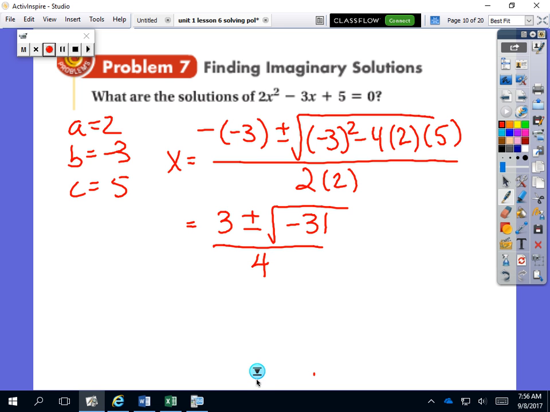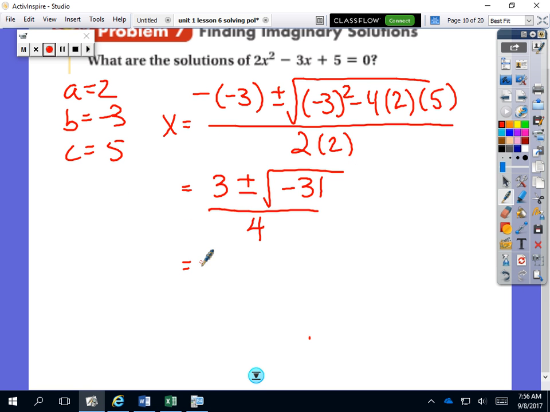Okay, let's split this up. I've got 3 over 4 plus or minus, well, the square root of negative 31, you're going to have an i, right, because square root of negative 1 is i, and then you have a square root of 31, which can't be reduced.